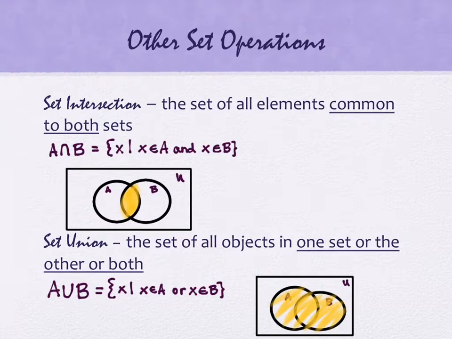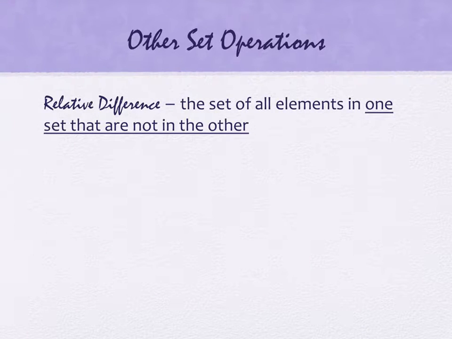That's actually where we end up on our first example. I'm sorry, one more before we get to our first example. I'm getting ahead of myself. Here's our third type of set operation today, and this is relative difference. Relative difference is the set of all elements in one set that are not in the other one.